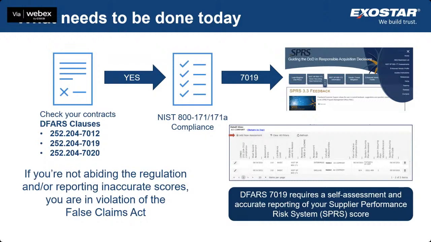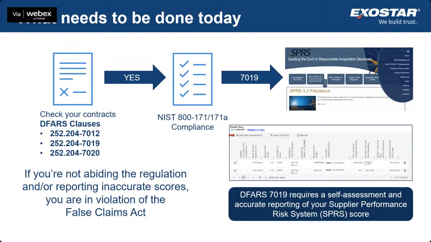Now, NIST 800-171 are requirements published by the National Institute of Standards, which lays out the controls you need to have in place to control and protect controlled unclassified information.